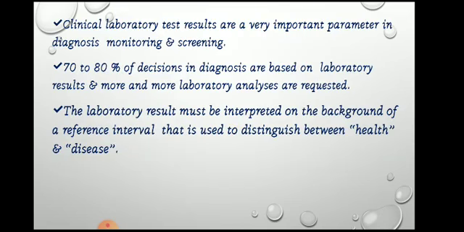The clinical laboratory test results are very important parameters for diagnosis, monitoring and screening. You will only be able to find out what sort of problem is there in the body, or which disease is there, by these various tests which are conducted.